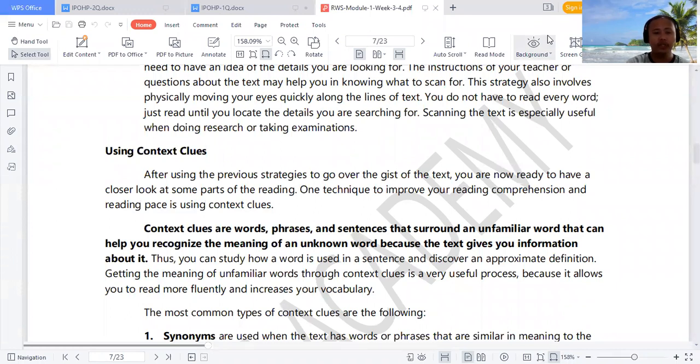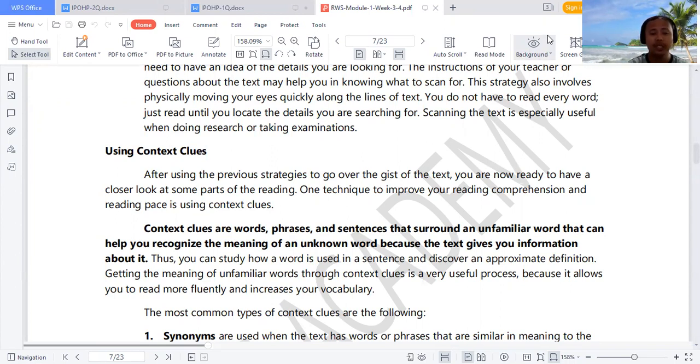So next here is using context clues. After using the previous strategies to go over the gist of the text, you're now ready to have a closer look at some parts of the reading. One technique to improve your reading comprehension and reading pace is using context clues. Context clues are words, phrases, and sentences that surround an unfamiliar word that can help you recognize the meaning of an unknown word because the text gives you information about it.